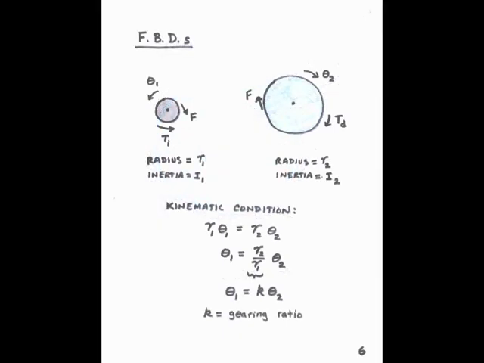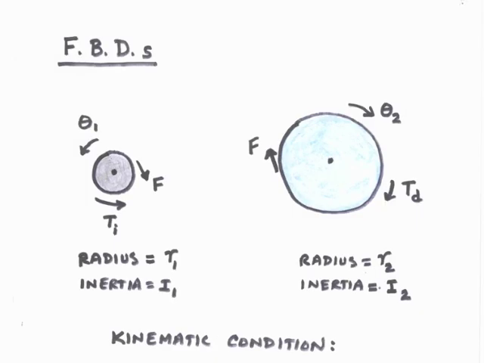We can make free body diagrams of both the motor shaft and of the turret. The motor torque acts upon the motor shaft, and in response, the motor shaft rotates. This is angle theta 1.